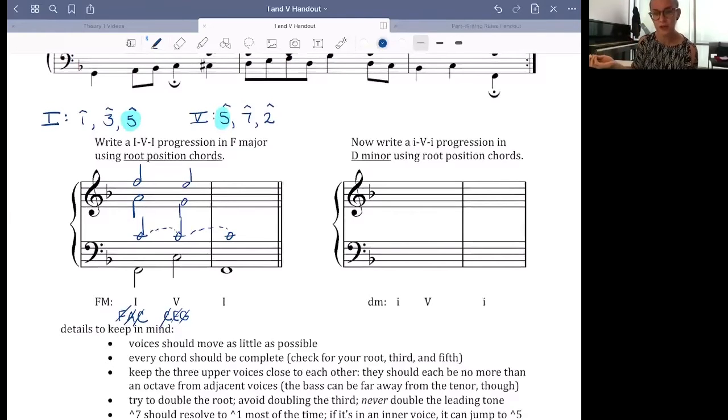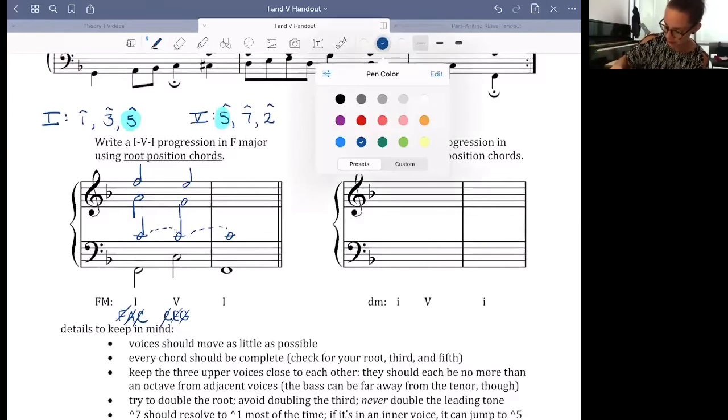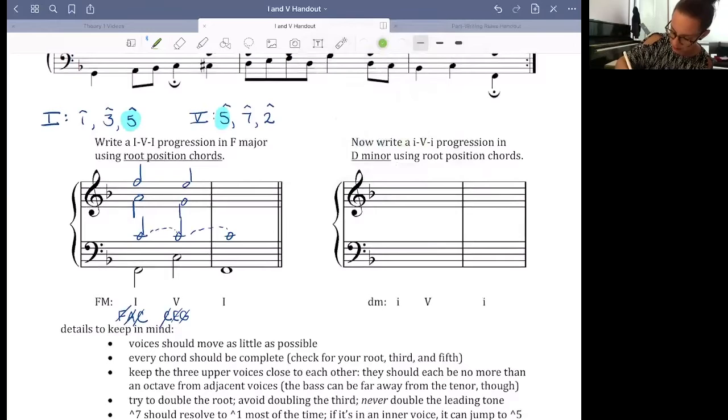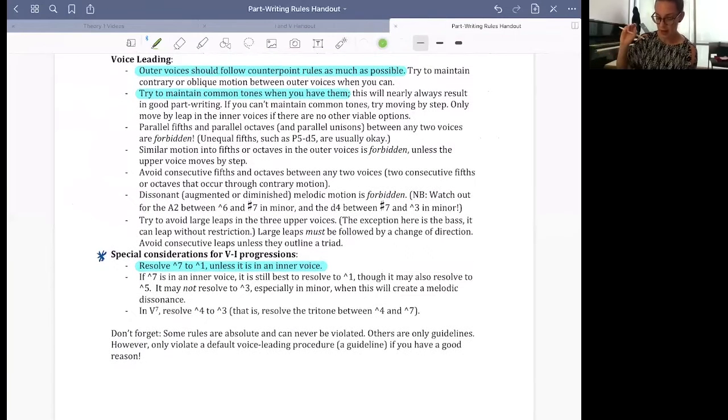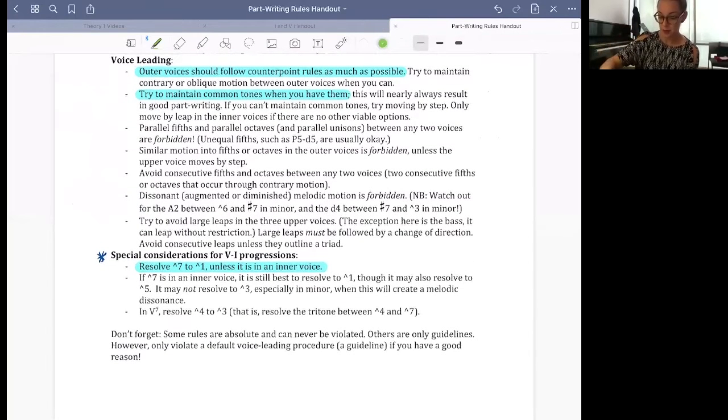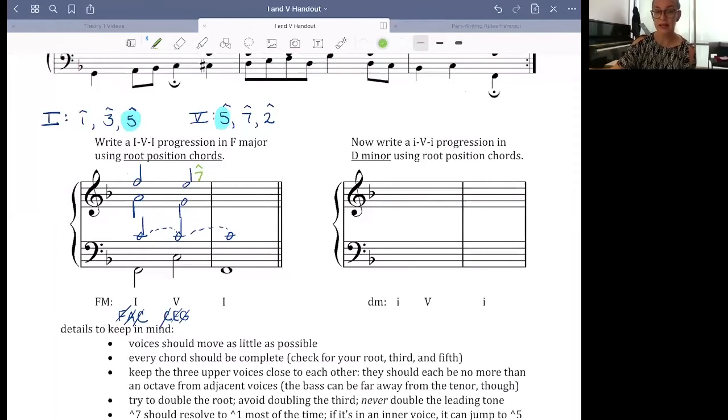Now, one thing I want to draw your attention to is, let's go back to our scale degree brains. The soprano, as it is right now, is on scale degree 7. And the soprano is an outer voice. And what do we remember from our part writing handout? Outer voices, if you have scale degree 7, it has to go to 1.